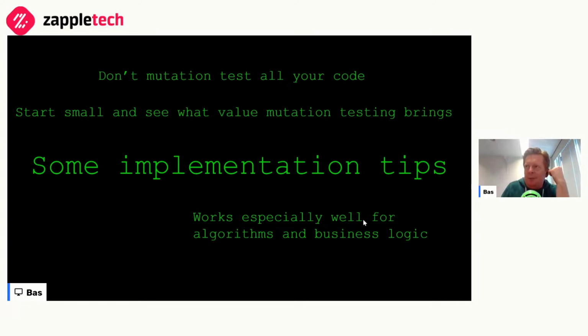And I found that it works especially well if you're testing things like algorithms, things like business logic, business rule implementation, and where you have lots of if this then that, or guard clauses, or calculations, all those kinds of things. That's probably also the code that you want to test as best as you can and as efficiently as you can. And those are also the areas in your code where mutation testing probably will provide the most value for you.